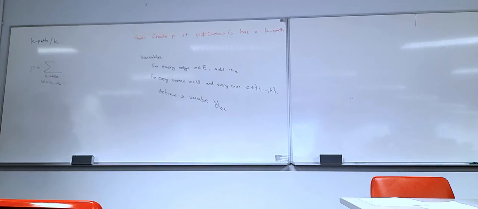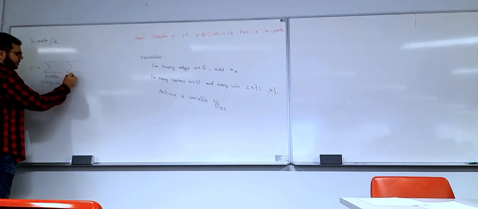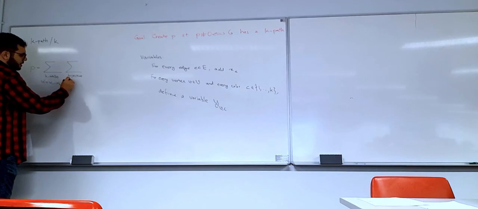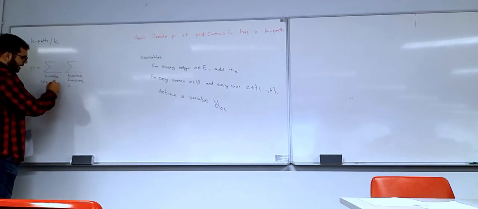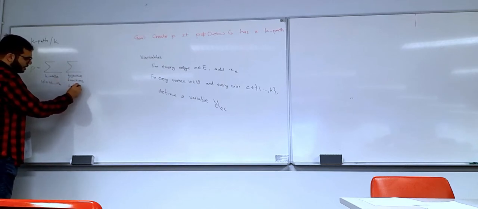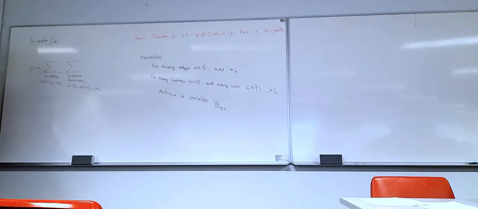And then I take every possible coloring of this walk. Okay? So I take the sum over all bijective functions, and I'm going to call that function C, that map 1 to k to 1 to k. Okay? So the idea here is that I'm coloring the i-th vertex in my walk with color C of i. Okay? And of course, I want my walk to have different colors.